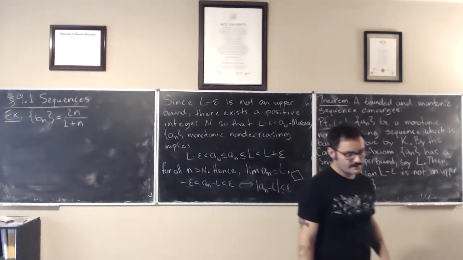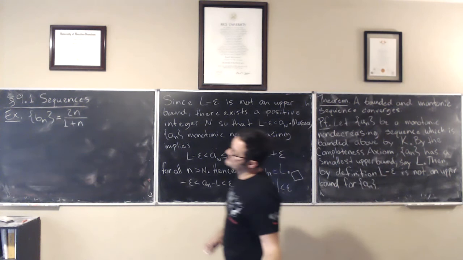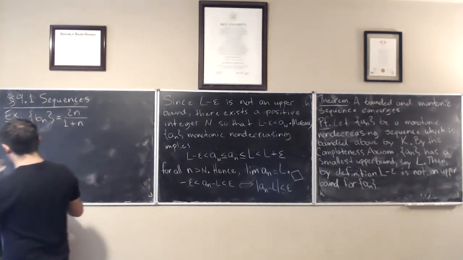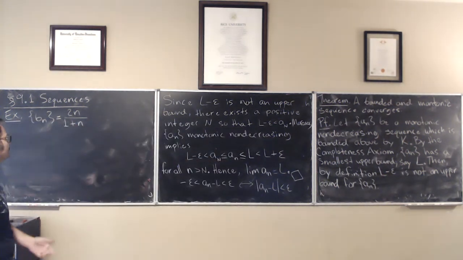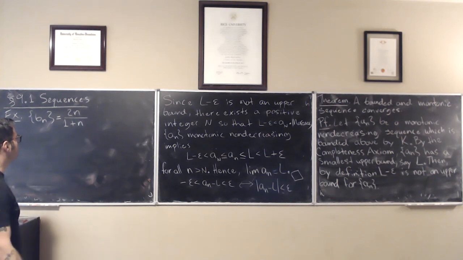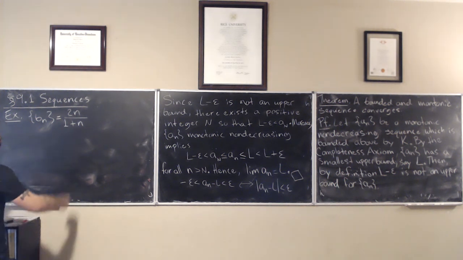So if it's bounded and monotonic, then it's convergent. What do you think it's convergent to? I bet you it's 2, but we don't need that. I just want to know if it converges.